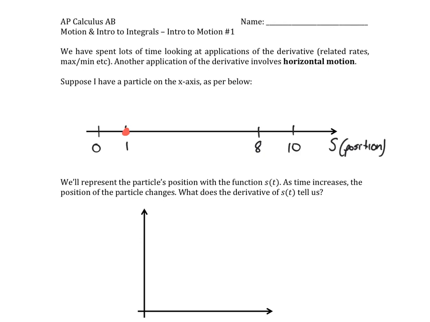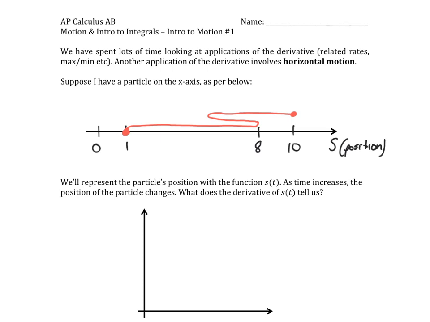Imagine this particle is really moving on the x-axis, but just to make it clear for you, imagine a particle moving to the right to position 8, and then the particle moves back this way, and then moves back on the x-axis and ends up at position 10. Again, this is all taking place on the x-axis.